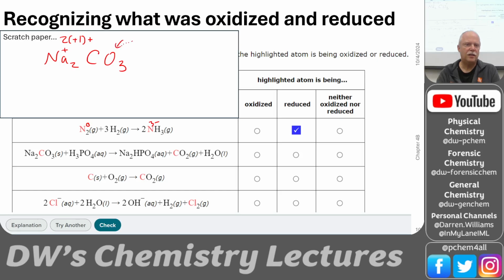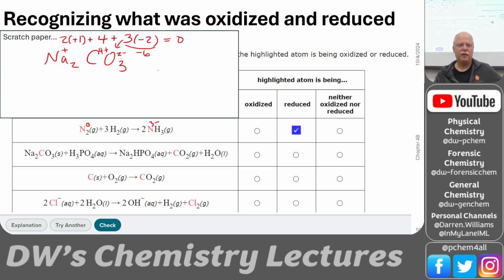And then the oxygen is going to be 3 times a -2, so that's -6. And it's a neutral compound. So -6 here and we've got a +2 here. So this needs to be a +4. So this is a 4+ on the carbon and a 2- on each of the oxygens.